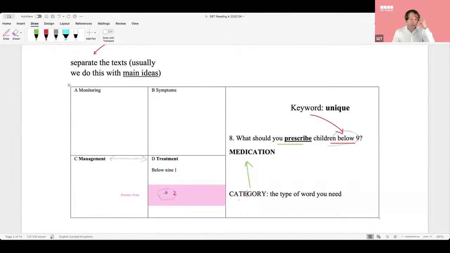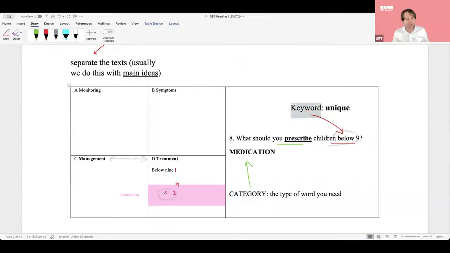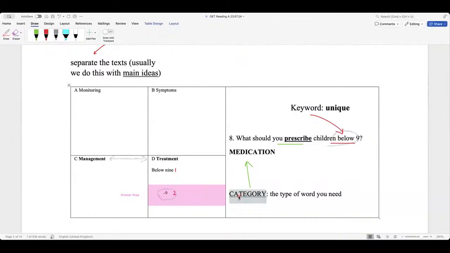Then you think about the category. Then you go and scan to find the answer. When you find the keyword, you need to find an example of the category. Does that make sense?